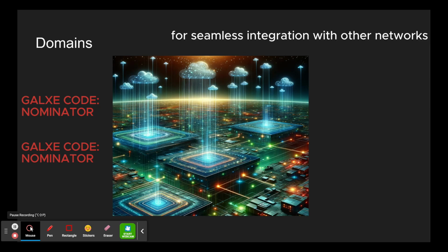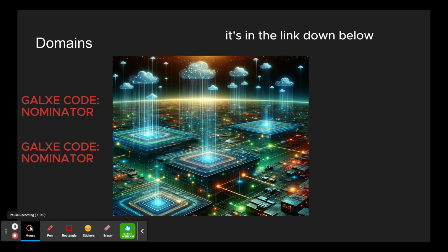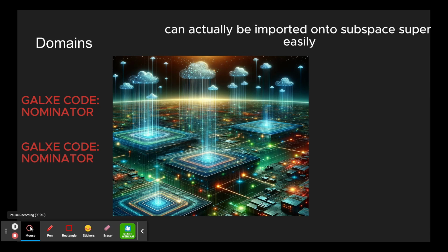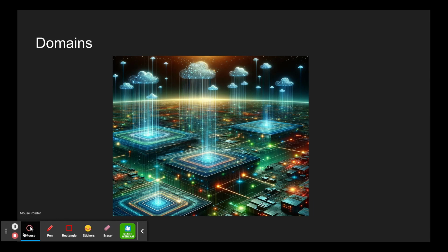These domains also allow for seamless integration with other networks and their virtual machines, such as the EVM, the Ethereum Virtual Machine. Subspace actually has an EVM domain called Nova. If you want to check it out, it's linked below. This means that any decentralized app built on any EVM compatible blockchain can be imported onto Subspace super easily, which allows for a really unified blockchain ecosystem.